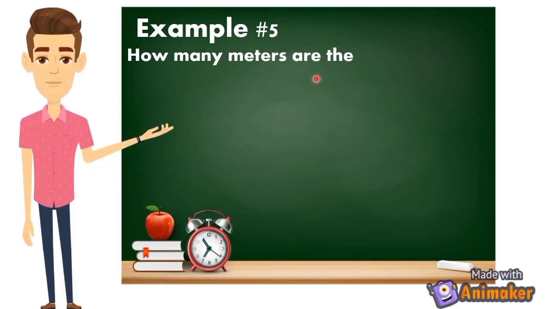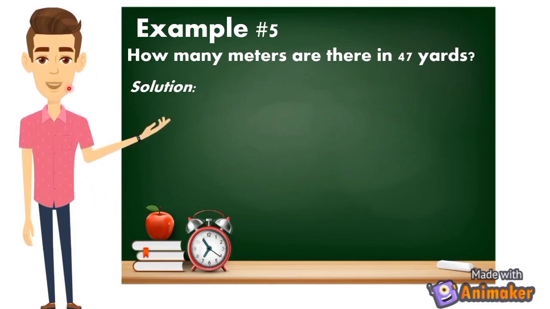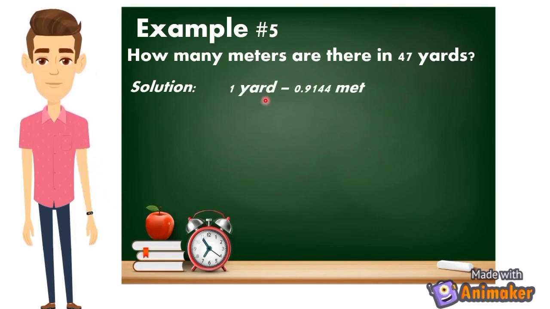How many meters are there in 47 yards? So for the solution, again, in 1 yard, there are 0.9144 meter. Again, in 1 yard, there are 0.9144.